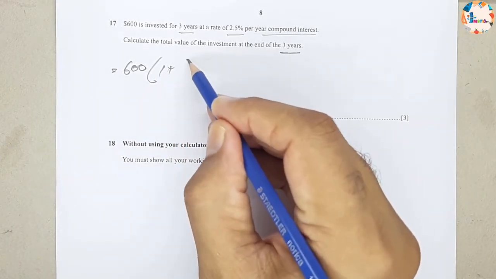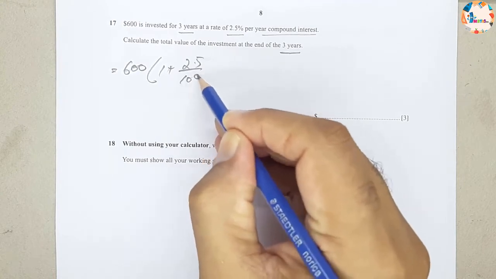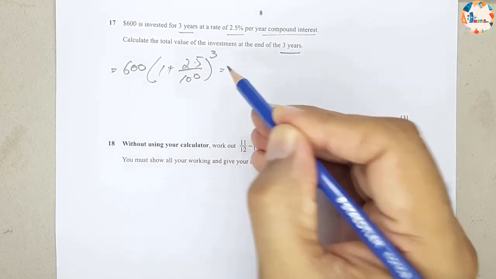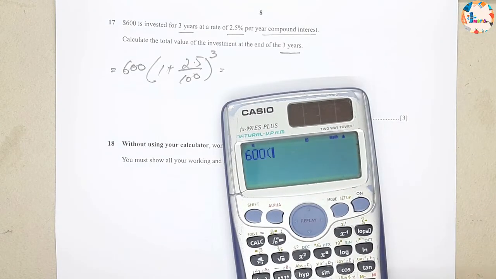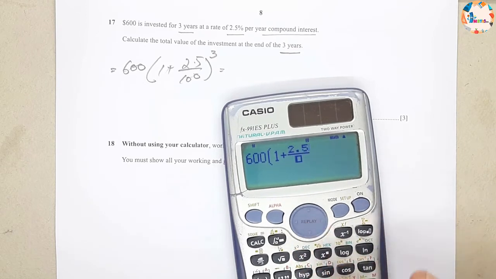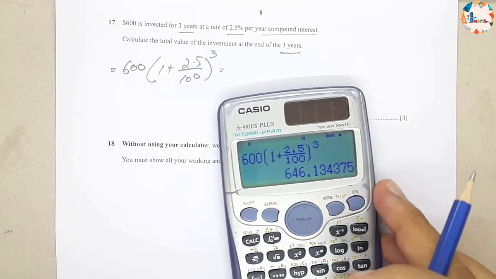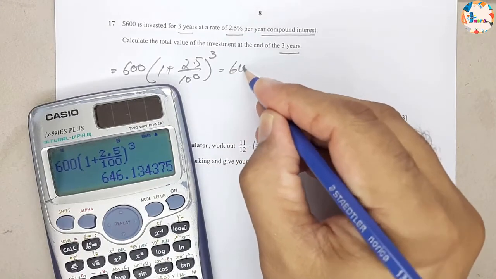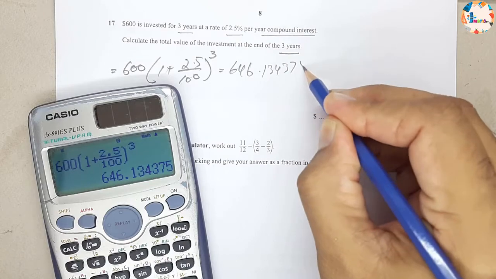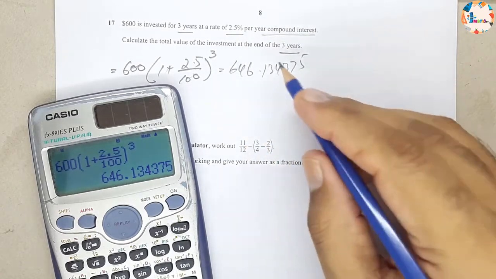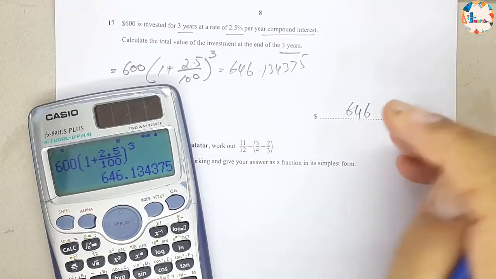R will be 2.5, so 2.5 over 100 raised to the power of the duration, which is 3. We just have to use the calculator. So 600 into 1 plus 2.5 divided by 100, raised to the power 3, and this will be equal to 646.134375. I have written the calculator digits, and rounding this will be $646.